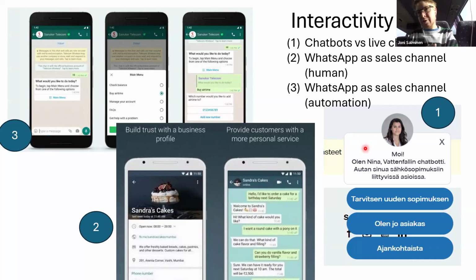So in terms of conversion, it is preferable to use real humans instead of chatbots when you want to maximize the opportunities of conversion. For example, I would never buy a car from a chatbot, but I have bought a car from this type of live chat agent.